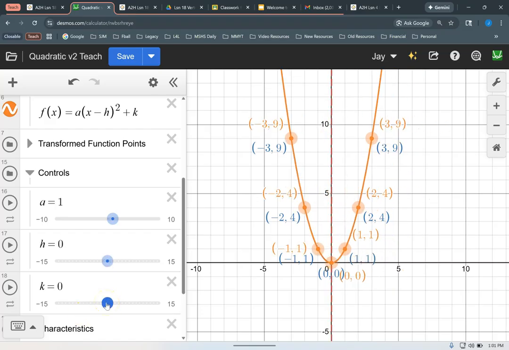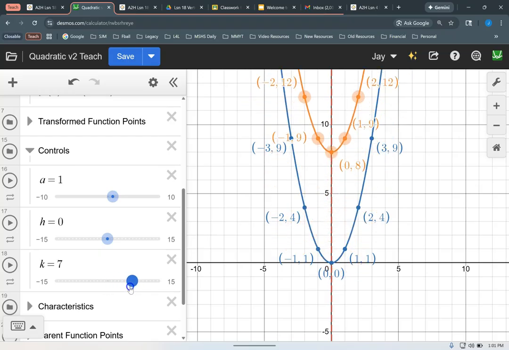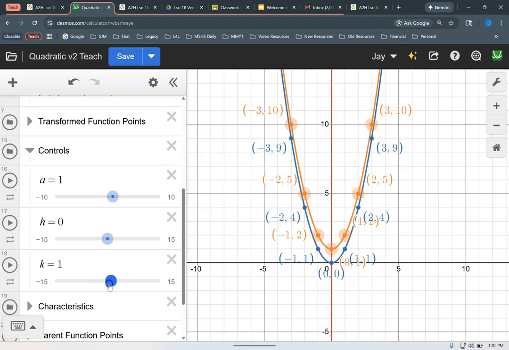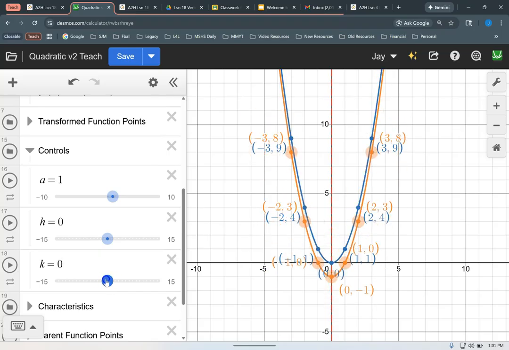How about if I change the math that I do by adding and subtracting after I've done all my squaring and multiplying? Watch what happens when I do that. What's happening here? Okay, all right, so it's moving up and down, right? Now, notice the x values of the orange one. Do the x values change at all?